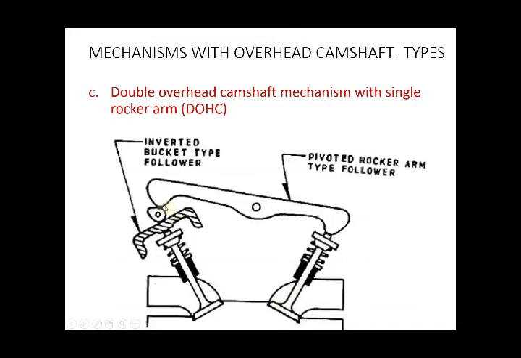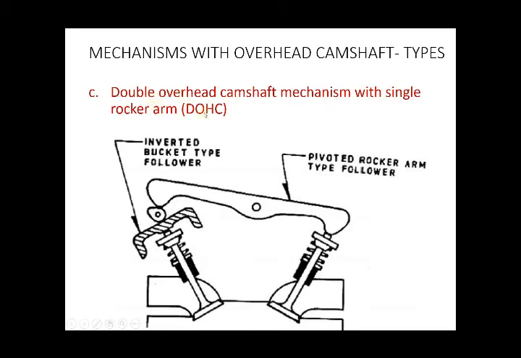And when the cam lobe passes away, due to the spring pressure, the valve closes and this end is pushed upwards so that the pressure is exerted on this side, and when the cam lobe rotates and exerts pressure on this point, the valve is pushed downwards and this valve will open up. So that is the mechanism of the double overhead camshaft mechanism with a single rocker arm.